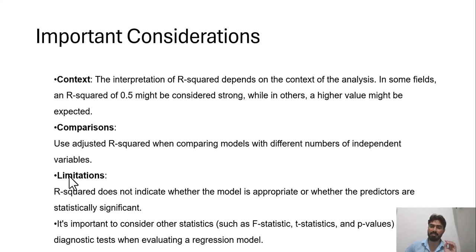It does not tell us whether our model or our variables are statistically significant or not. If we want to check whether our variables are significant or not, then we have to see the individual variables' p-values. On the basis of those p-values, we can say whether our variables are significant or not. But R-square cannot tell us whether our variables or our model is significant or not.